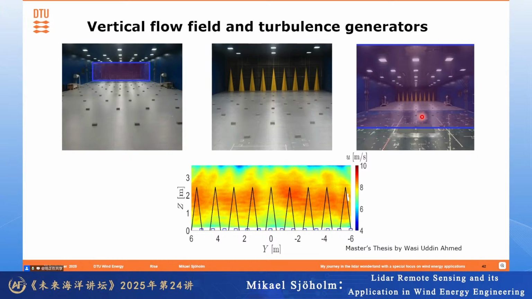And what you can then see is a vertical measurement of the wind field, the actual component of the wind. And you can see how the fluctuations vary together with these inlet structures.